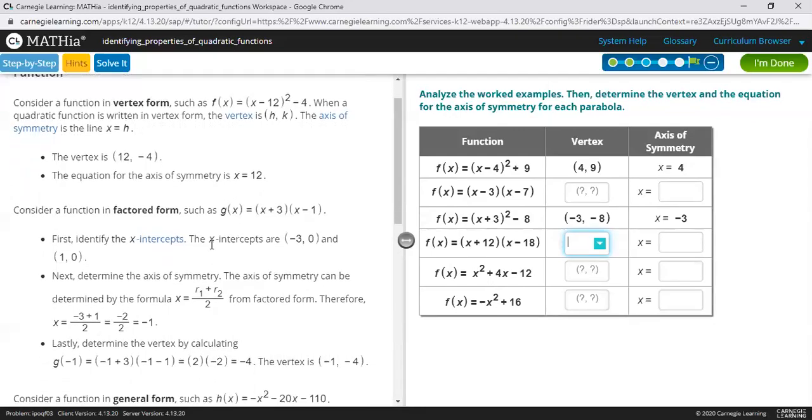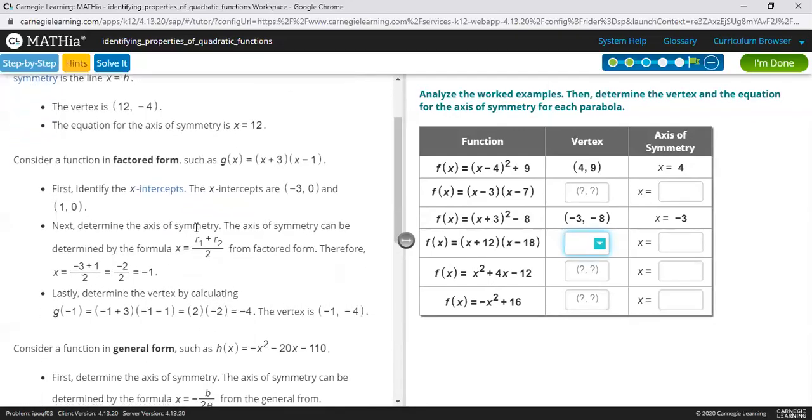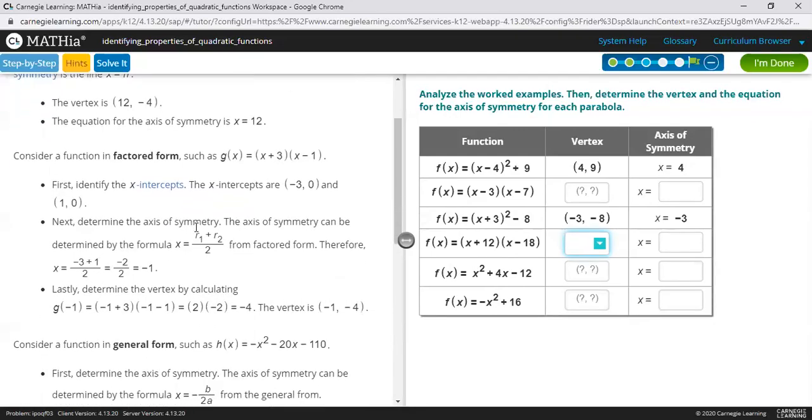So now let's look at our factored form. So over here on the left-hand side, they tell you that you can find the vertex from the factored form by adding your two r values and dividing by 2. So we're trying to find the midpoint of those. So just keep in mind that when you have, say, a quantity x plus 3, your r value is actually going to be -3. It's going to be the opposite.